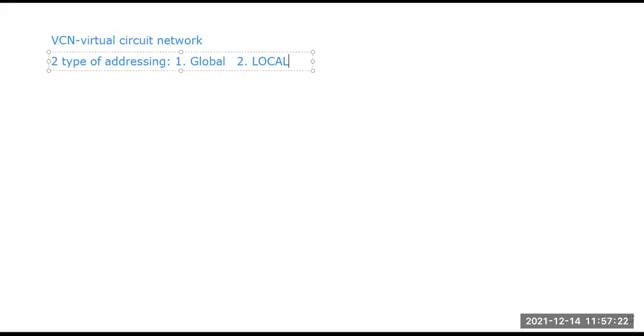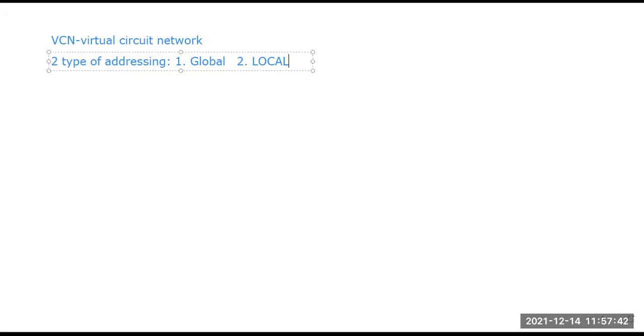We have to identify that yes, this is the proper network, and the network is going to be changed from the source side to the destination side. The network may or may not be changed, but it is the responsibility. We need to identify the network by some global addressing, we can say.